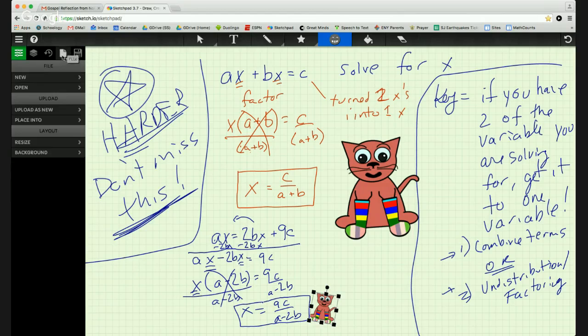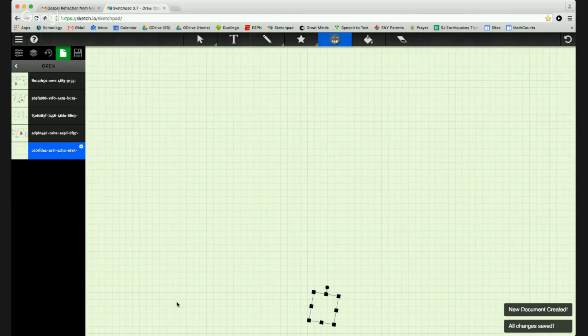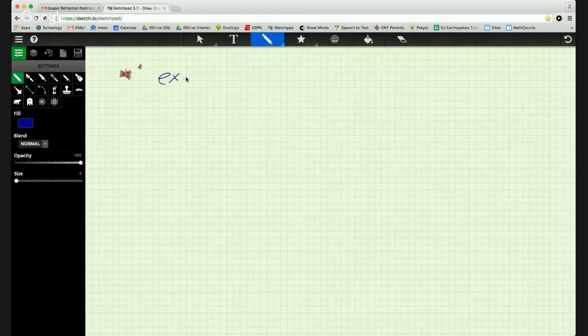And let's move on to one more example. Let's do the one out of the book on S.106. So this is example 2.